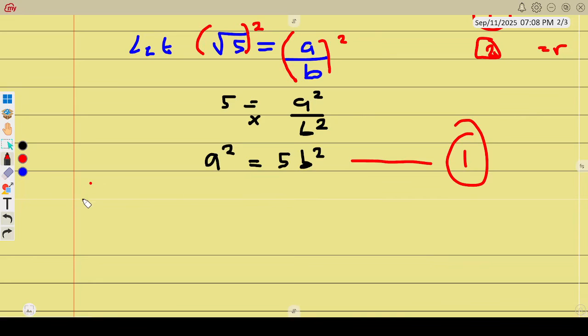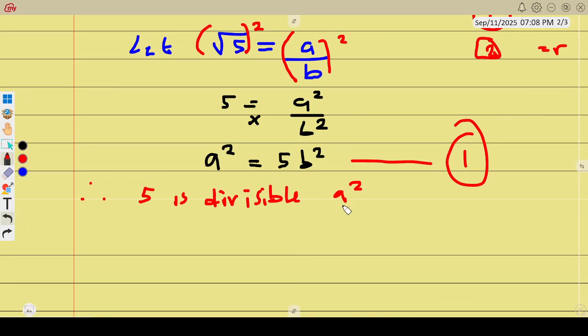So you say therefore 5 is divisible by a squared because it is the coefficient like that.